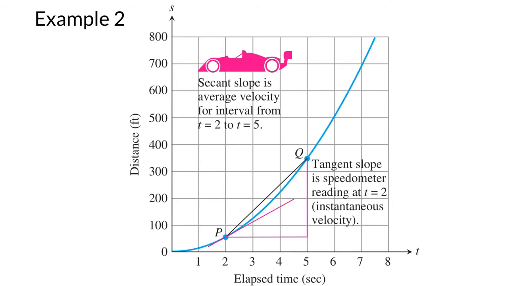If I were instead to find the slope of the tangent at this point P, so this line right here, that slope is going to tell us basically what the speedometer reading is exactly at time t equals 2 seconds. So you can see that the car is accelerating as it goes, and at 2 seconds, it looks like this race car is going about 57 feet per second or 39 miles an hour.